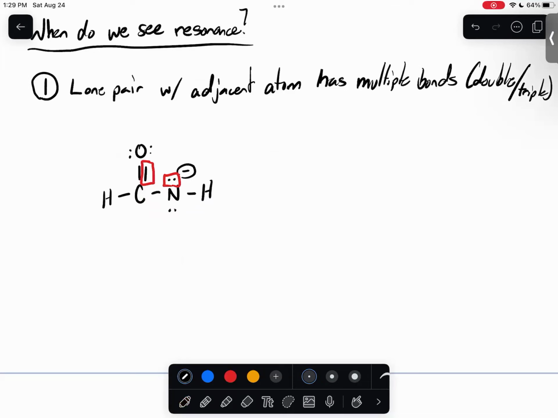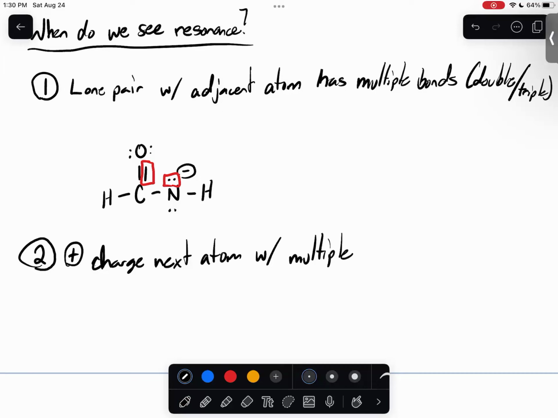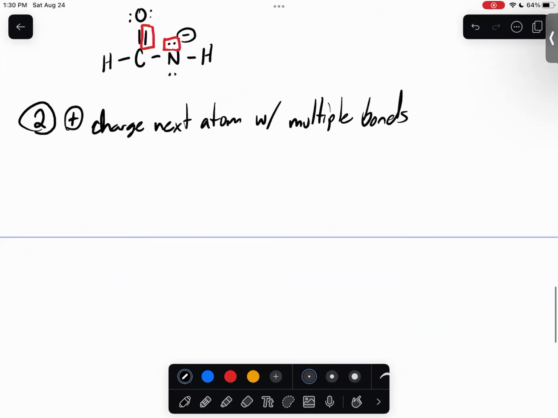The second time that we can see resonance is when we have a positive charge next to an atom with multiple bonds. So let's take a look at an example of this.